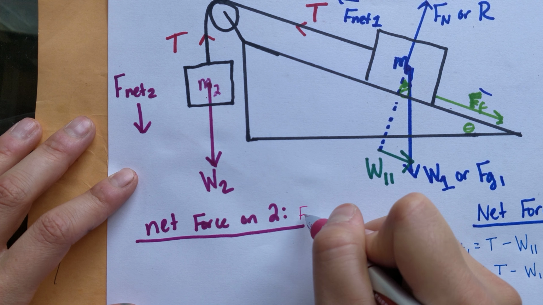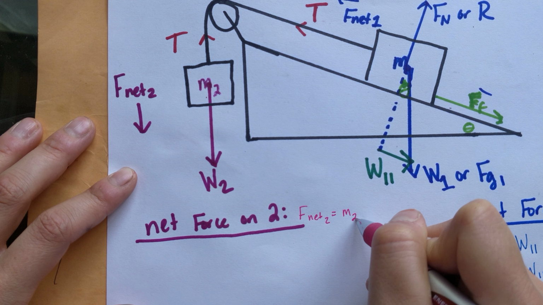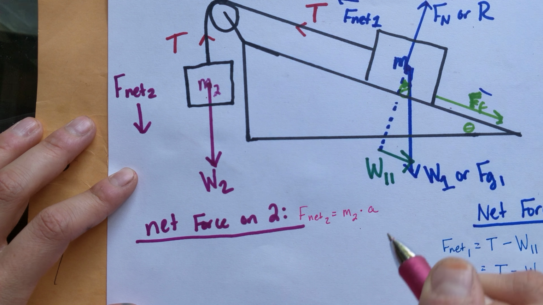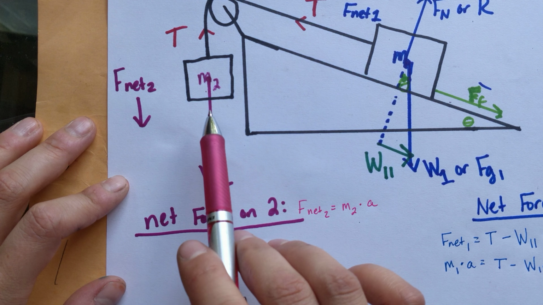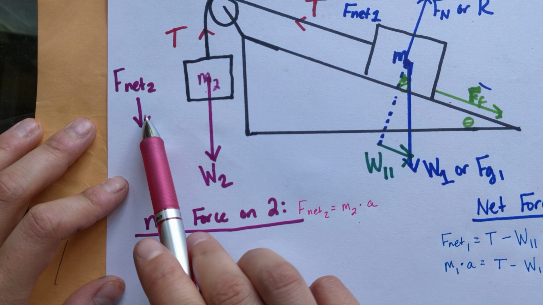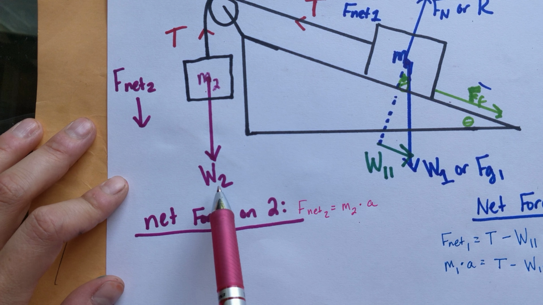Now I'm going to analyze the forces acting on the mass 2. Same thing, F net sub 2 equals mass of 2 times A. This is Newton's second law. And so if I look at my net force, I can see I have two forces that give rise to this net force on 2. I have tension and I have the object's weight.